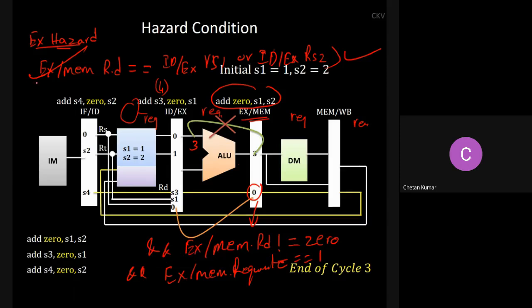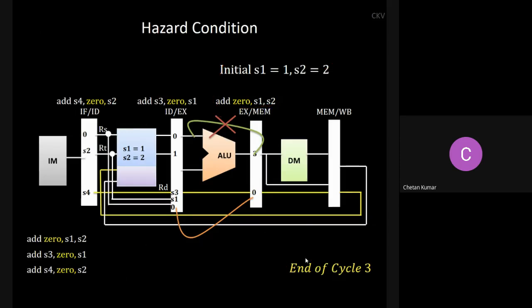So for EX hazard, the first condition is your destination in the EX/MEM register should match one of the two sources that are available in the ID/EX register, and the destination register should not be equal to 0, and the instruction should be writing into the register. So that we check by checking EX/MEM.RegWrite is equal to 1.